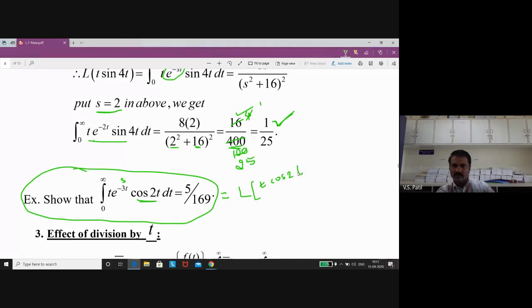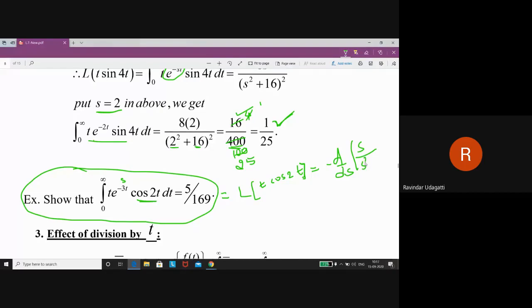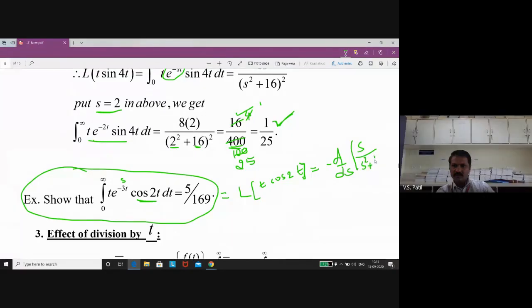So finally I will give one hint. You can write t into cos 2t as minus d by ds of the Laplace transform of cos 2t, which is s divided by s square plus 4.